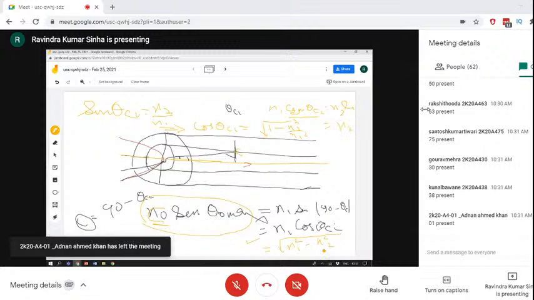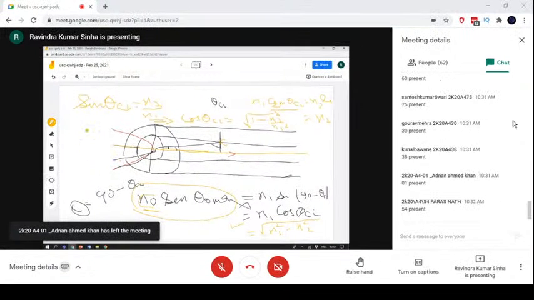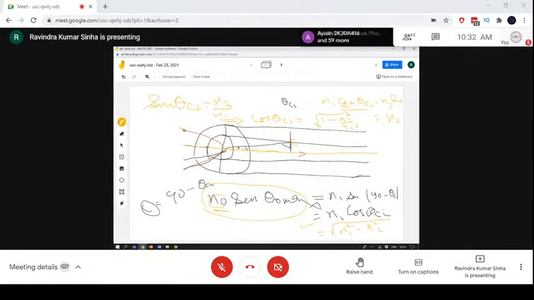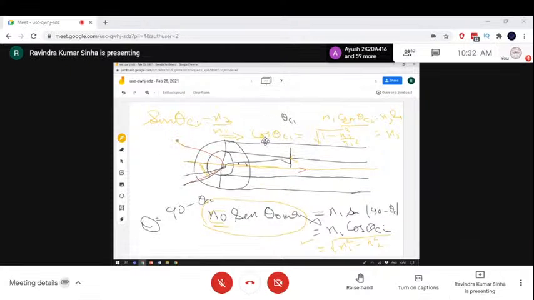Okay. So numerical aperture is basically what? It is the sine of the semi-vertical angle of the cone of the light which is launched into the fiber, and most of the light remains guided through the core. Guided through the core means they are not going into the cladding.